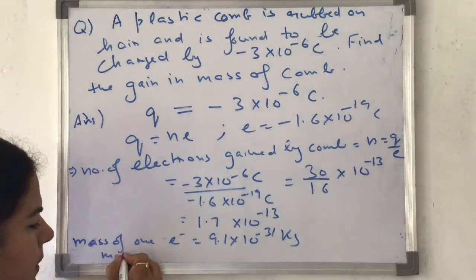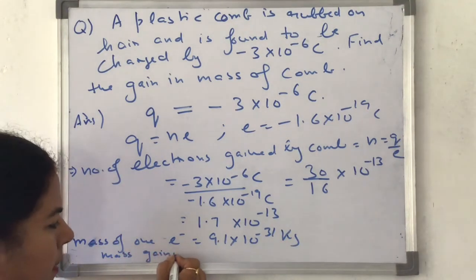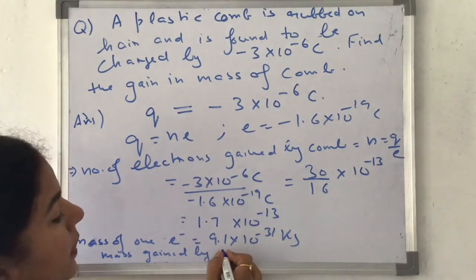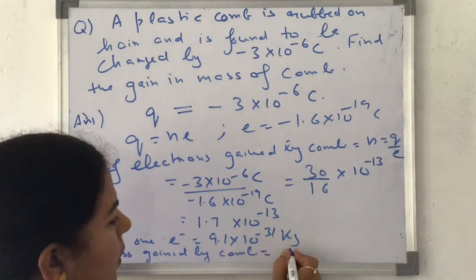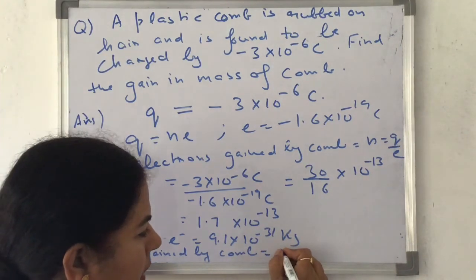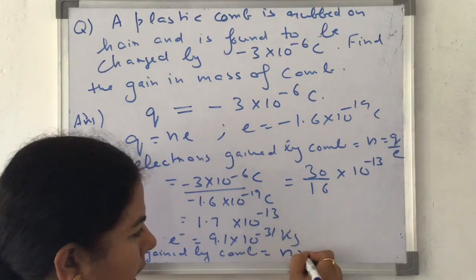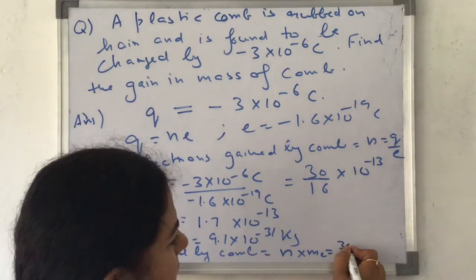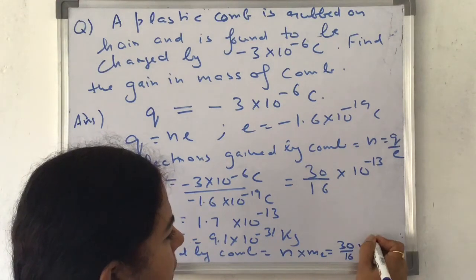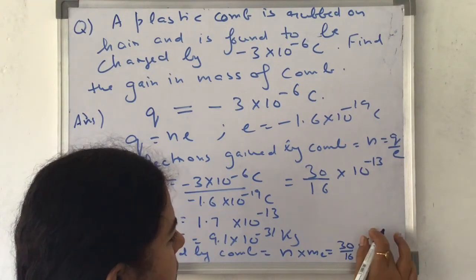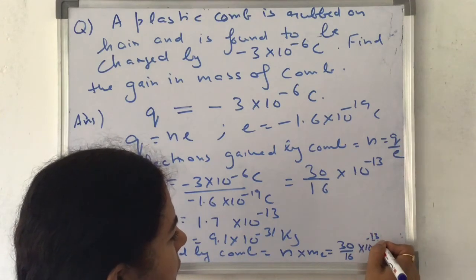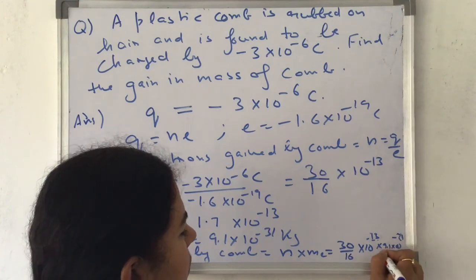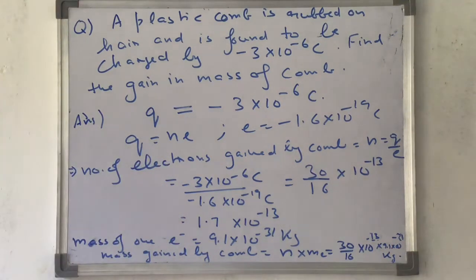So mass gained by our comb is equal to N into the mass of an electron, which is equal to 30 by 16 into 10 raised to power 13 into 9.1 into 10 raised to minus 31 kg. What's the answer? This is all it is.